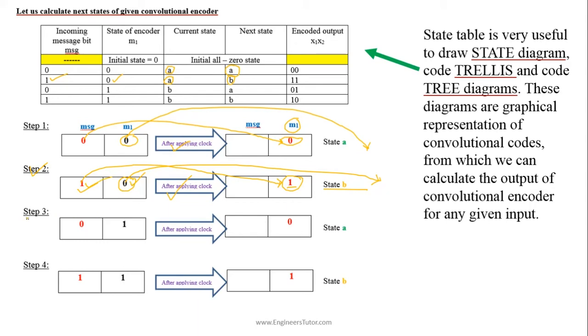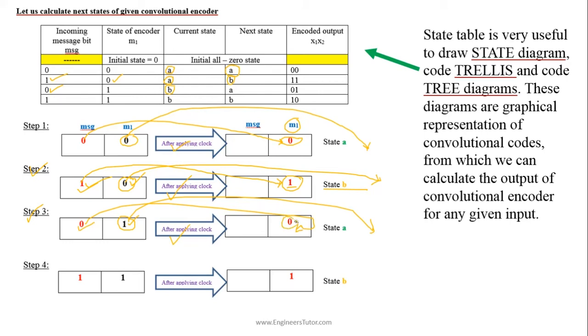So if the incoming bit is 1 and the initial state is 0, the next state is B. In step 3, we assume the state of the encoder is 1, that is, initial state B, and the incoming bit is 0. After applying the clock pulse, this 1 gets discarded and this 0 comes to M1.